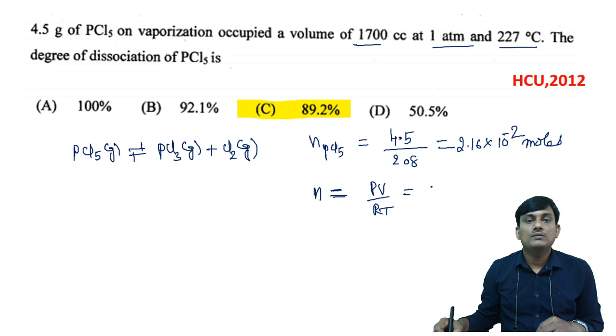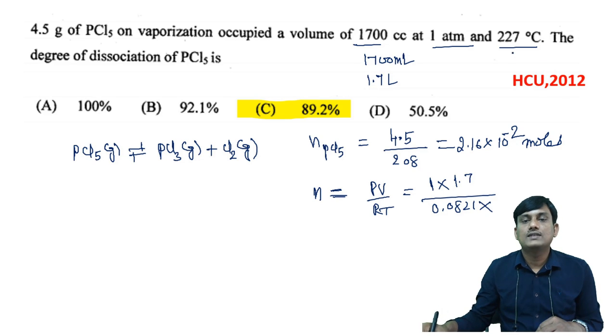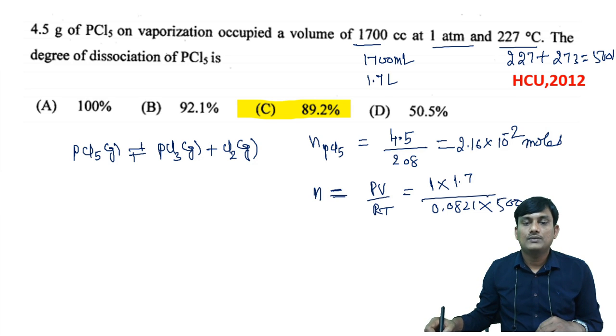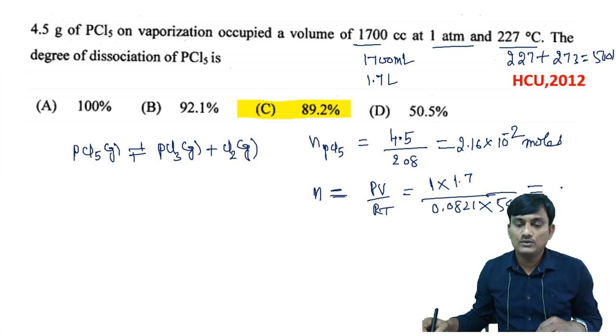P is given as 1, and 1700 cc means 1700 ml, so it will be 1.7 liter. 1.7 divided by 0.0821 into 227 degrees centigrade, which means 227 plus 273, so 500 Kelvin, into 500. So finally N is equal to around 4.1 into 10 to the power of minus 2.